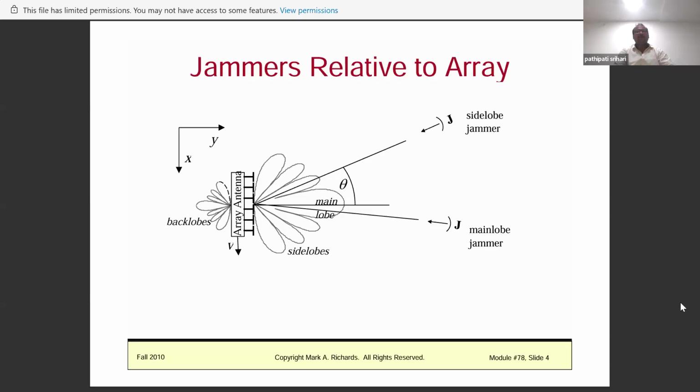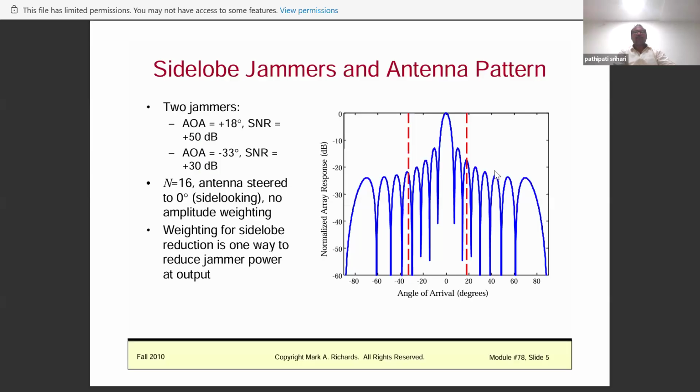So, frequency allocation. Jammers relative to the array: you can see we considered one side lobe jammer and one main lobe jammer. When interference comes in the main lobe, that is a main lobe jammer. When interference comes in the antenna side lobes, that is a side lobe jammer. Here both side lobe jammers are considered, one at plus 18 degrees, the other at minus 33 degrees.